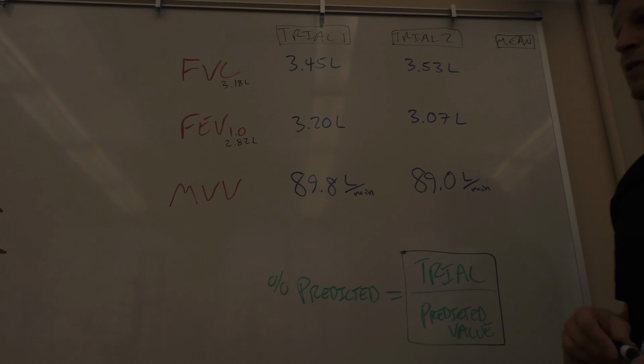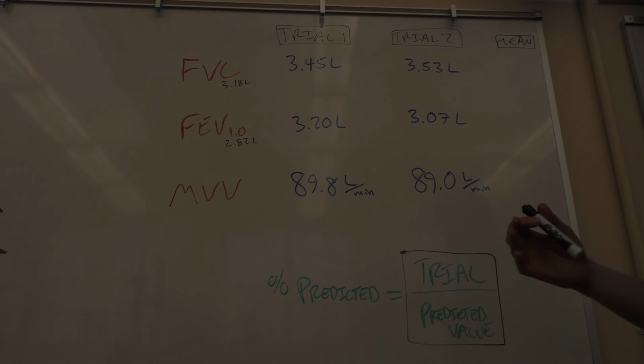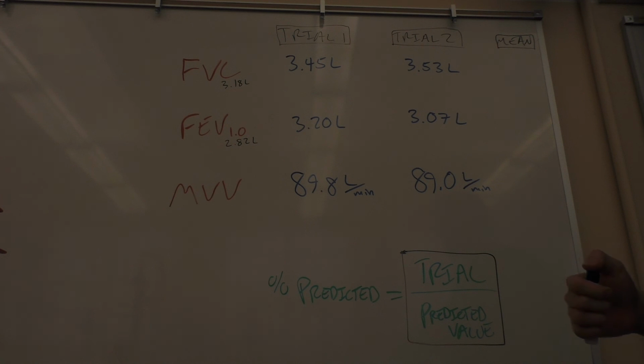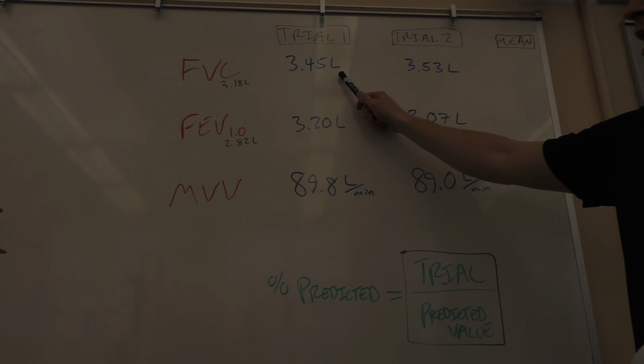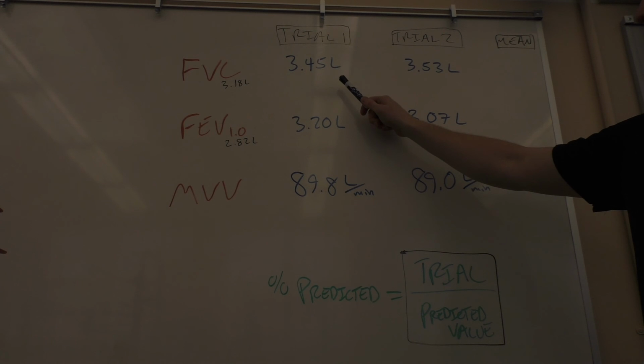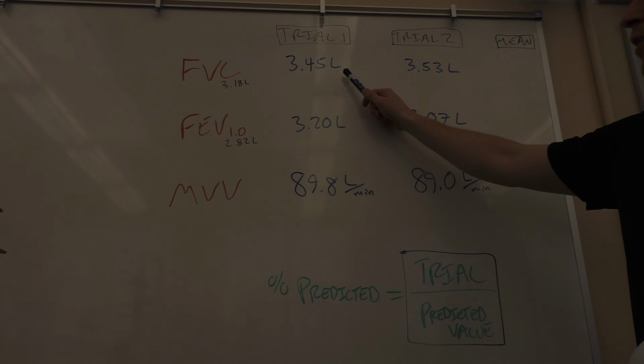During the FVC test, when we get the data afterwards, we also get data for FEV1, because that is actually the first second of our FVC test, or volume. For trial 1, FVC, our participant was 3.45 liters. That means after a maximal inspiration, the total volume she could force out was 3.45 liters.